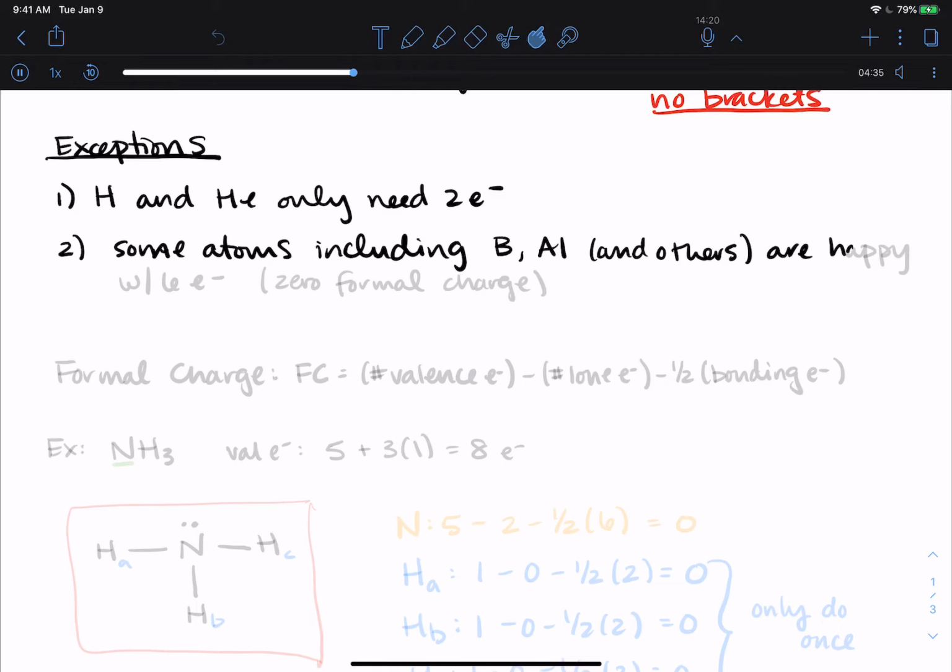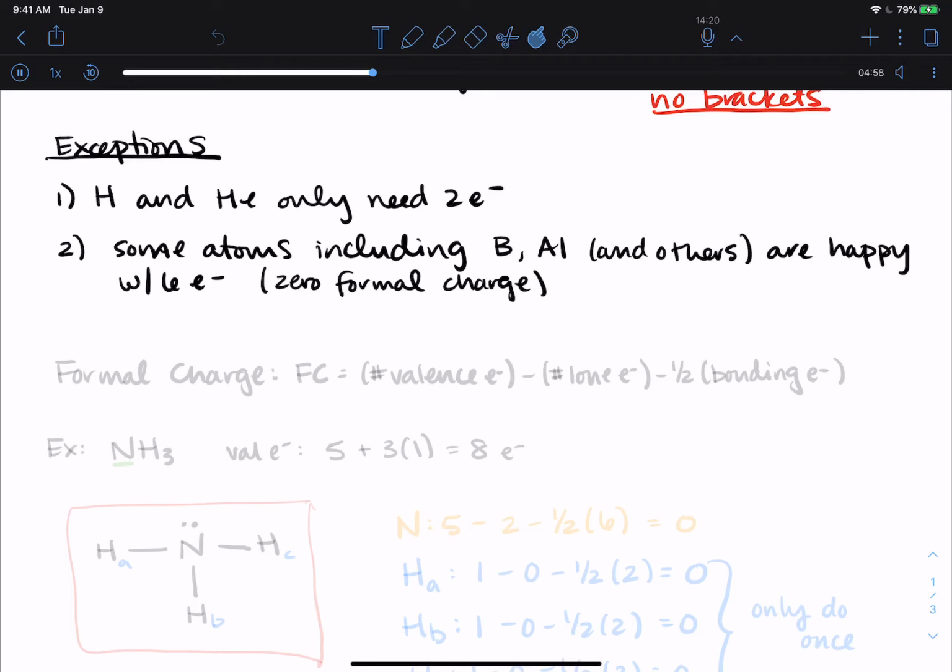So specifically, these two are happy with only 6 electrons. And the way that you will be able to tell that they are happy with only 6 electrons is when you calculate the formal charge, it will be 0. So this formal charge step will be really important.